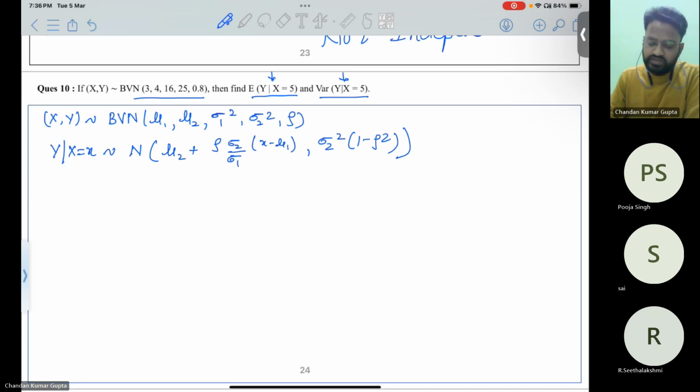This is the distribution that y given x follows.